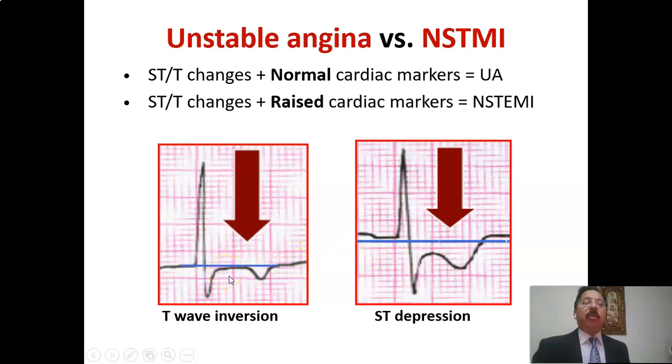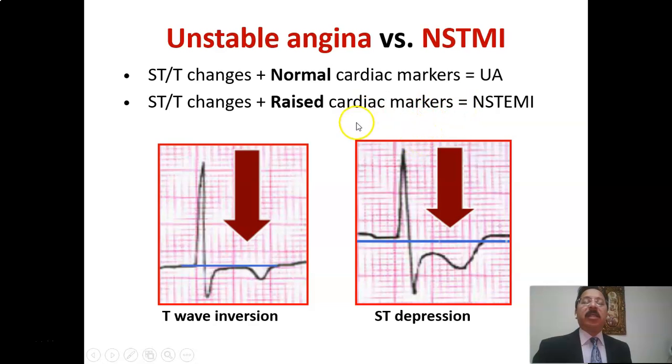If the cardiac markers along with the ST-T changes are normal, this is unstable angina. But if ST segment and T wave changes are present along with raised cardiac markers, this is your non-ST segment elevation myocardial infarction or NSTEMI.